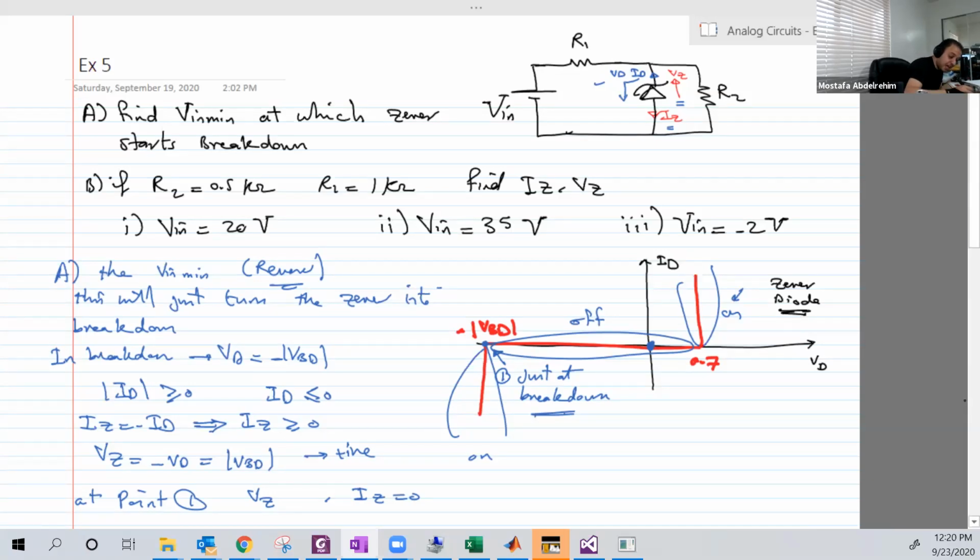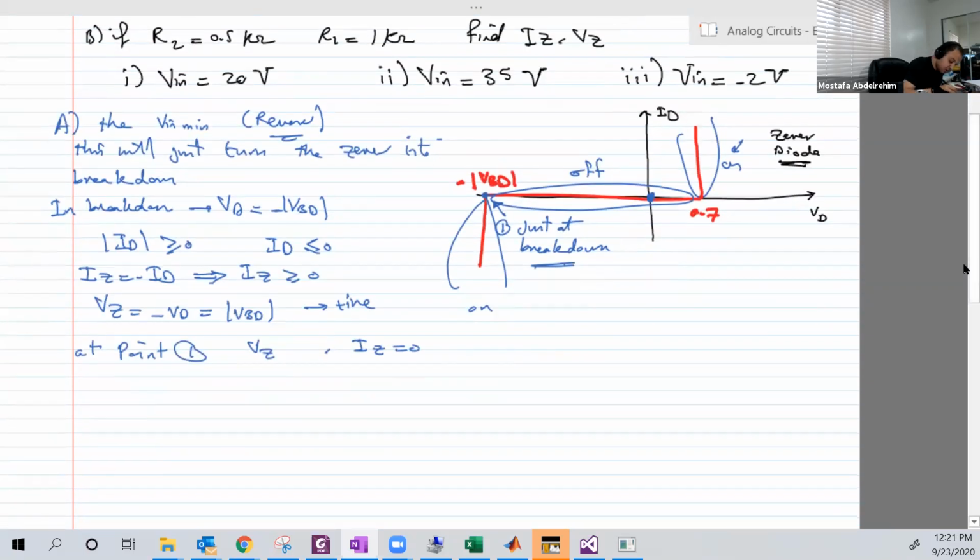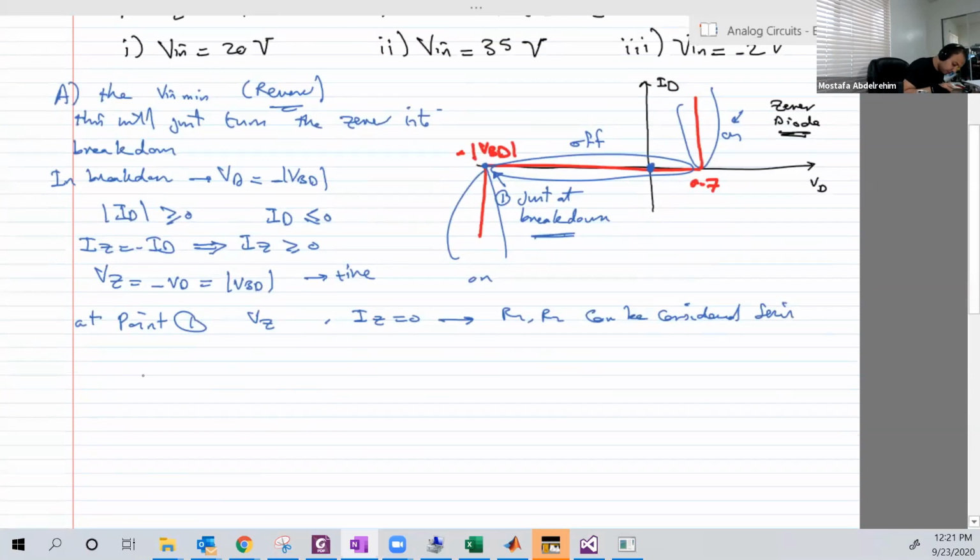So at the breakdown, the voltage will be VZ, which is equal to the breakdown, but the current IZ is equal to 0. So since IZ is equal to 0, R1 and R2 can be considered in series, and VR2 is equal to Vin multiplied by R2 over R1 plus R2.